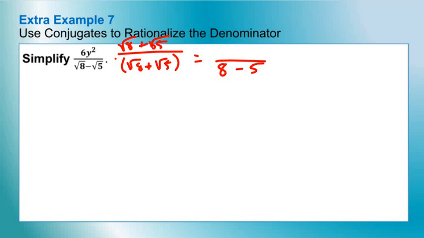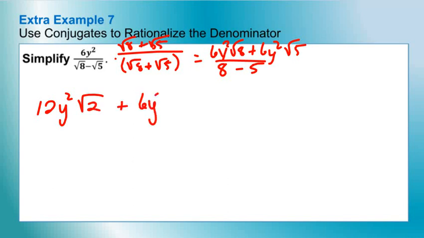And over here on top you would have 6y squared square root of 8 plus 6y squared square root of 5. If I simplify that, square root of 8 is 2 square root of 2. So that would be 12y squared square root of 2 plus 6y squared square root of 5 all over 3.